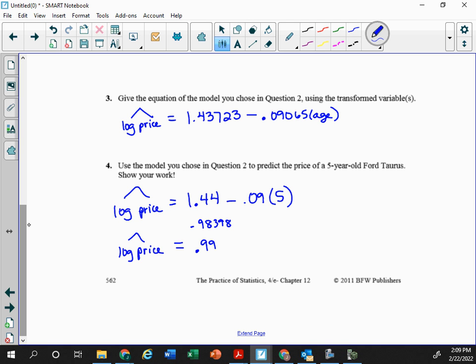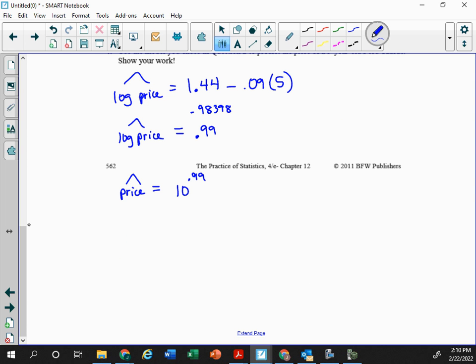Exactly. This is a base 10 log, a common log, so the predicted price is actually 10 to whatever value you got over there. So if you go back to all the decimals, it's like 9.64. What is it if you do just 9.77?